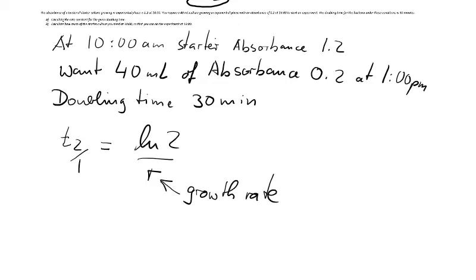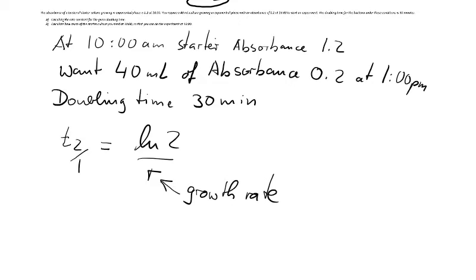But if you tell me that this must be a first order reaction, because otherwise a growth rate or half-life would not be defined, I would be a very, very happy person when I mark your exams. And that's what you want. You want me to be happy, because if Peter's happy, you get good marks.